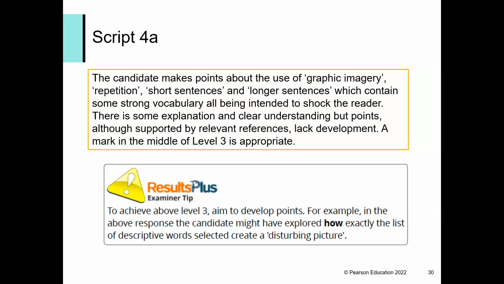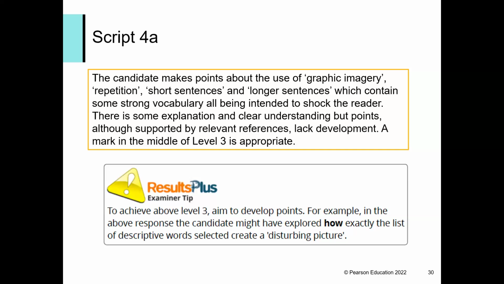So 4A, this is our level 3 response. The candidate makes points about the use of graphic imagery, repetition, short sentences and longer sentences, which contain some strong vocabulary, all being intended to shock the reader. Now we can see in that one, that word from level 3, explanation.